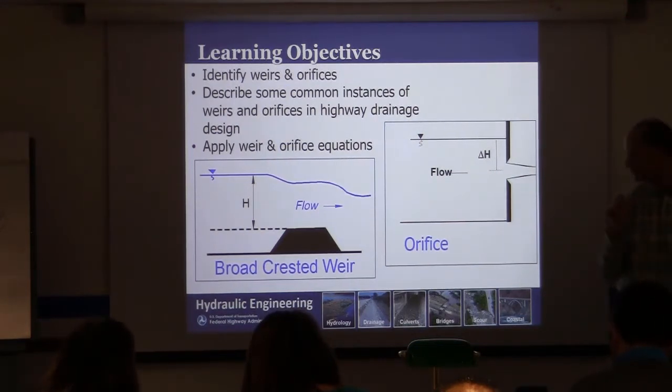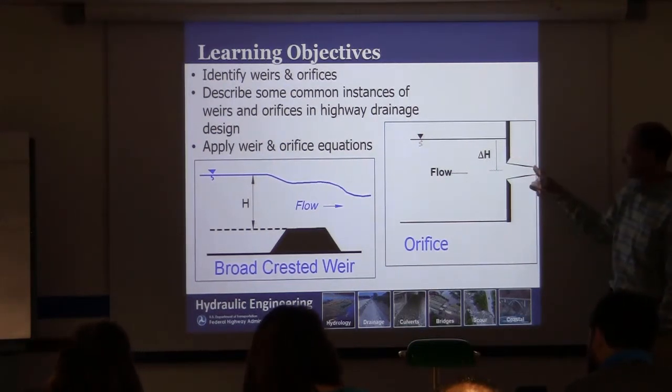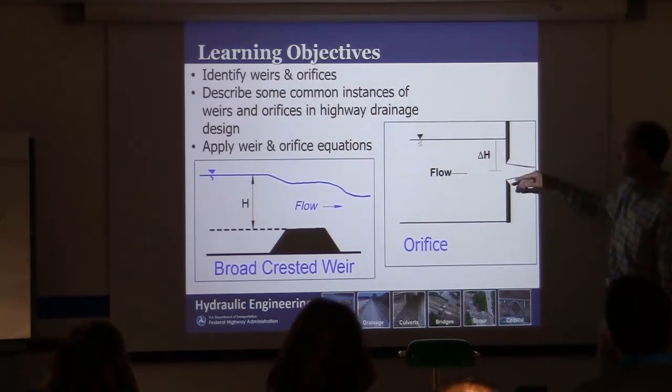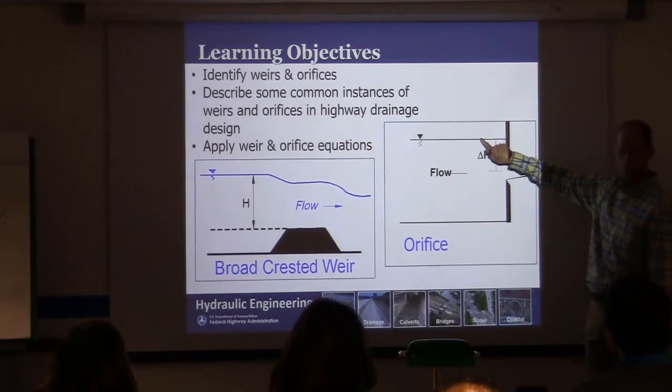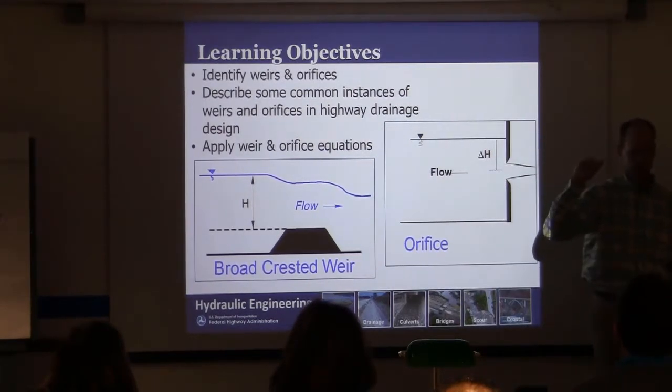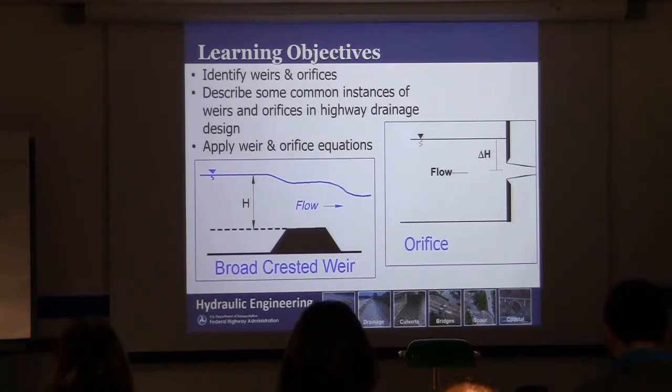If it is submerged, which means no free jet, you measure the difference from the upstream water surface to the downstream water surface, and that's your delta H. Pretty straightforward.